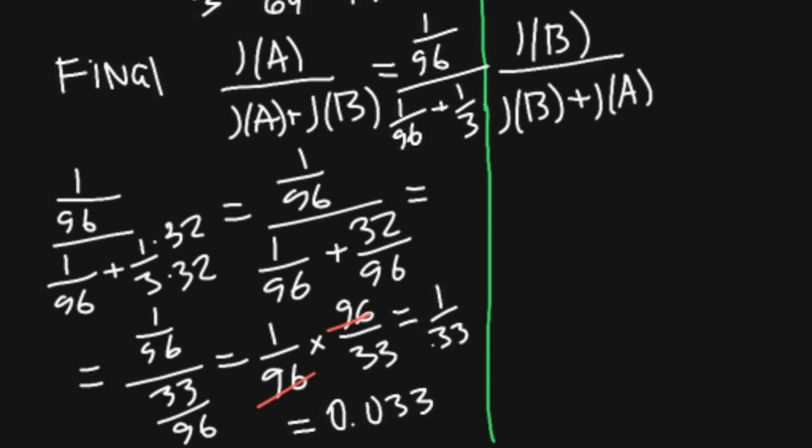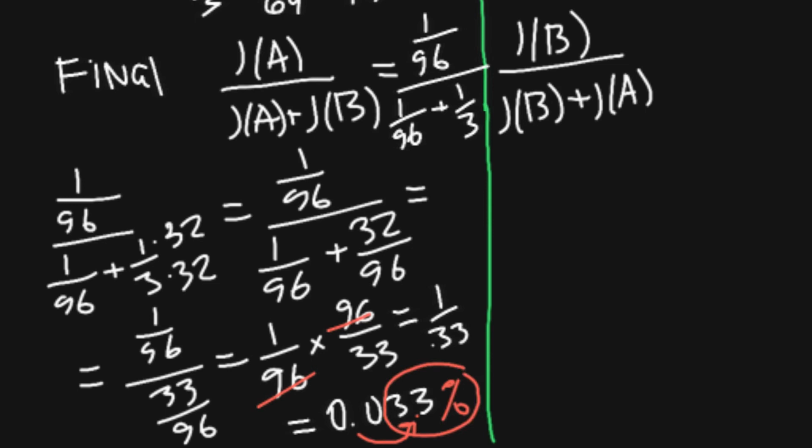We need an answer in percentage form. We can say that we move this decimal point 2 places to the right, or we multiply this number by 100, and our answer would be 3.3%. This is the probability that the father is heterozygous.